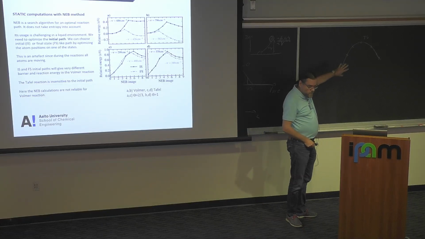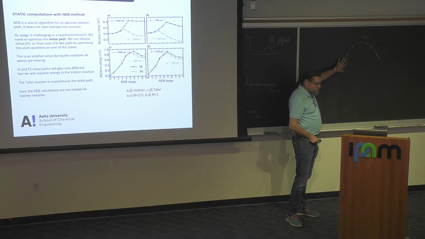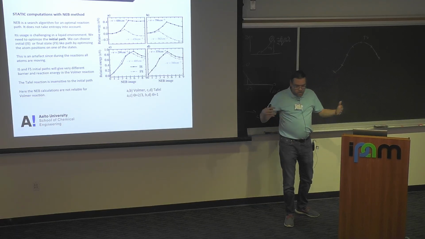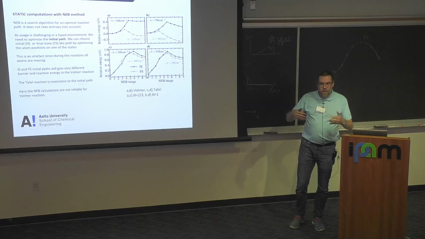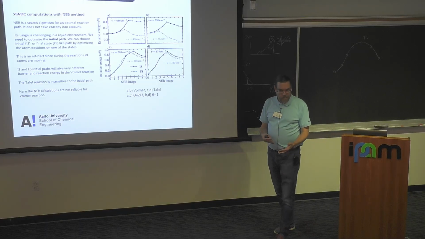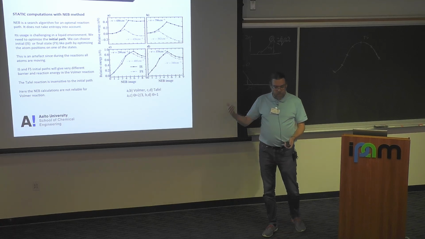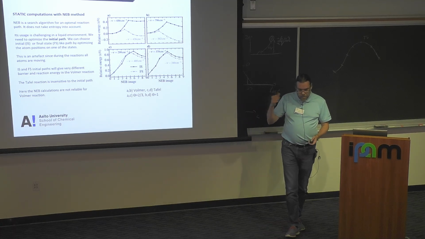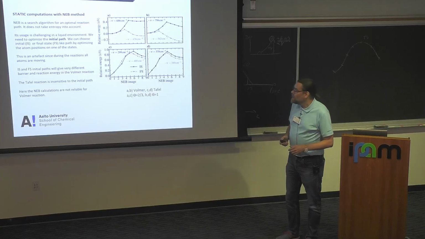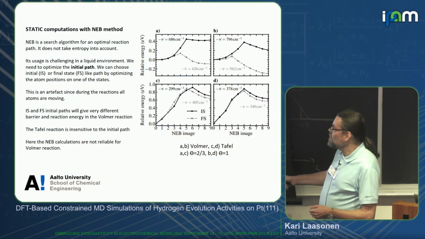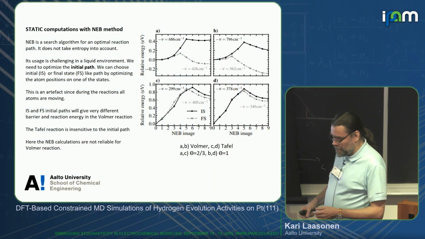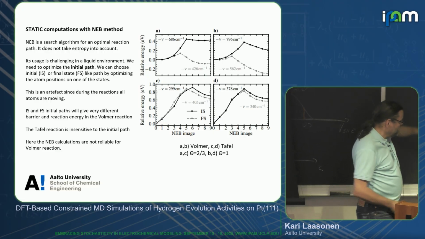There's nothing disturbing it. Now this concept is a bit challenging because it is in liquid water. The environment is fluctuating constantly. But we started this business of trying to understand the electrochemical things first using this NEB method, and sometimes it works.